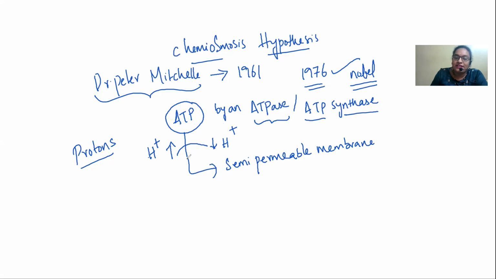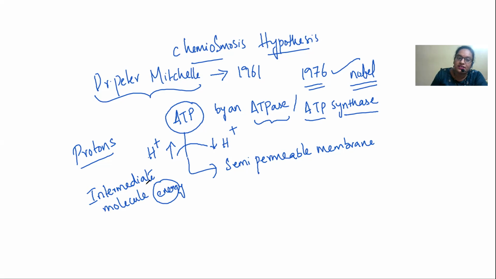So this is called the chemiosmosis hypothesis, but many in the scientific community did not accept this theory, because according to them it was not ATP, but some intermediate molecule that was trapping the energy during the movement of the protons down a concentration gradient.